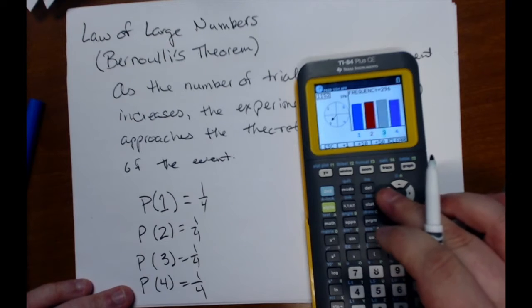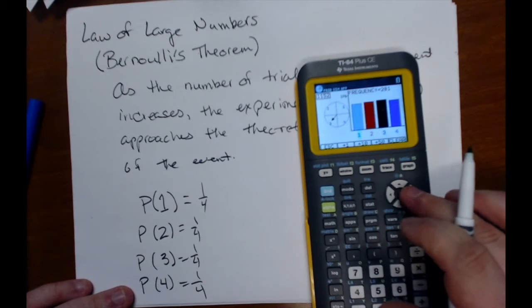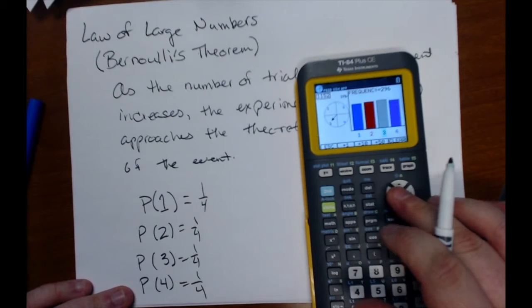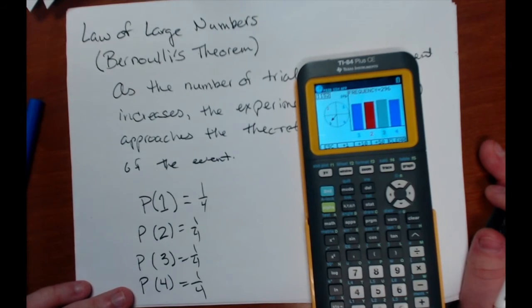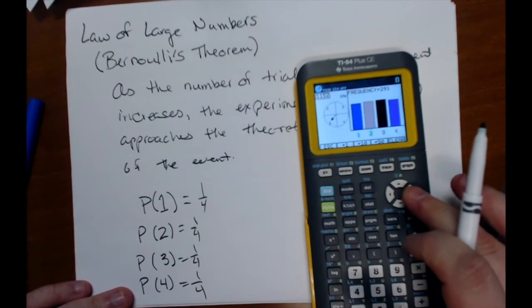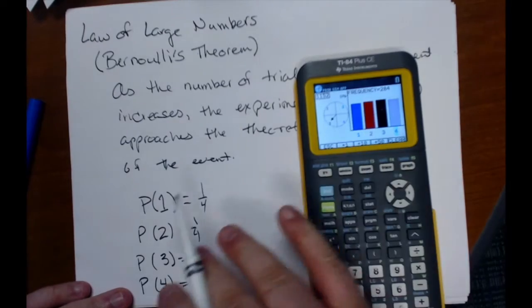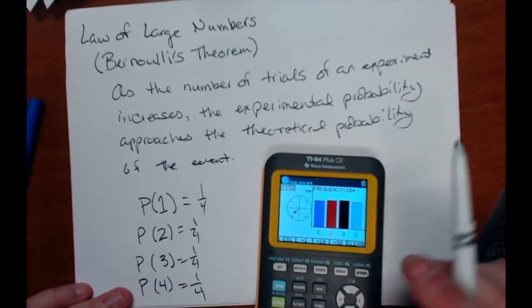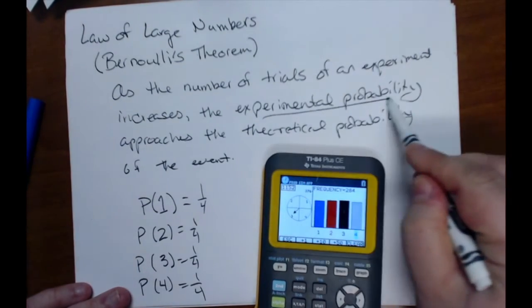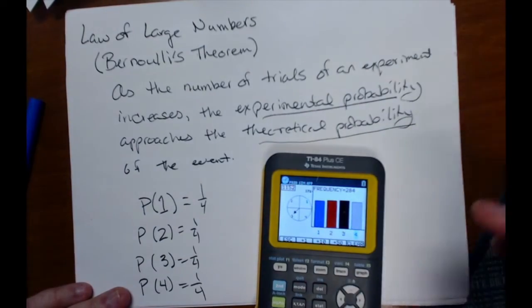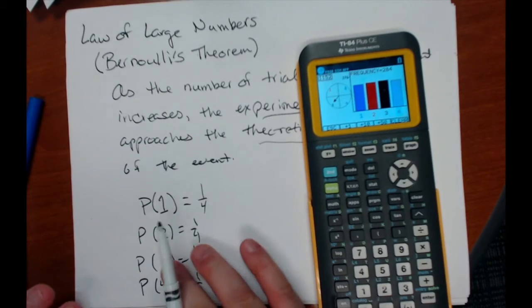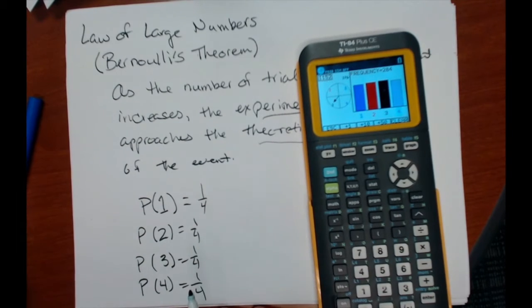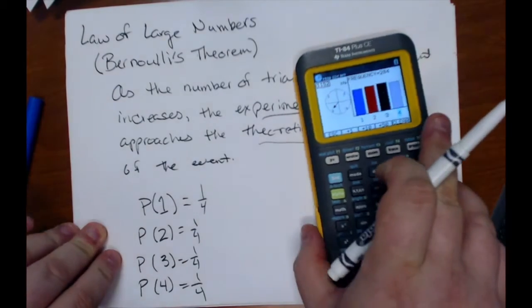So we have a total spread of only what? 281 to 296. 15. And 15 out of 1,152 is a really small number. And so, right, you can see as we get through more and more trials, the experimental probability approaches the theoretical probability. It may never equal it exactly because one is experimental and one is theoretical, but it approaches the probability.